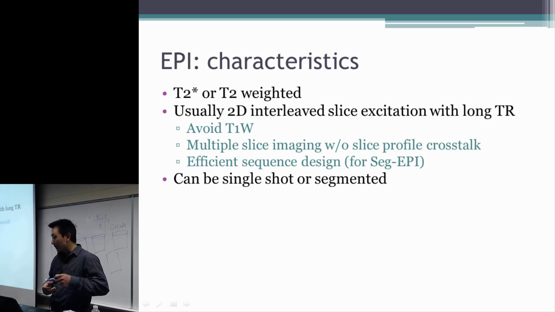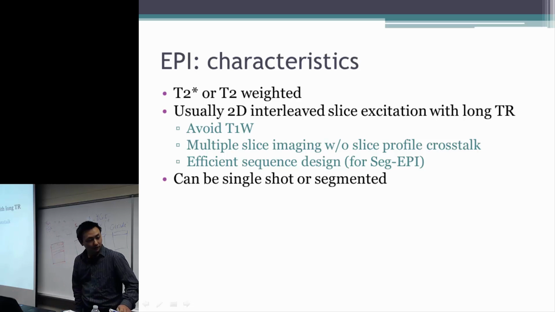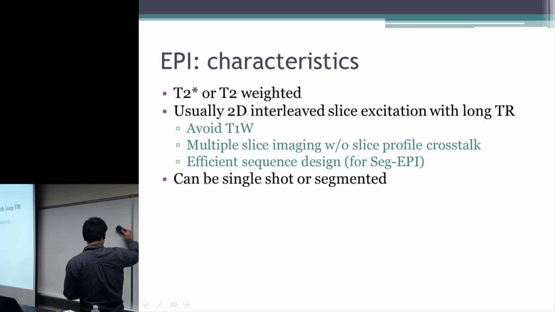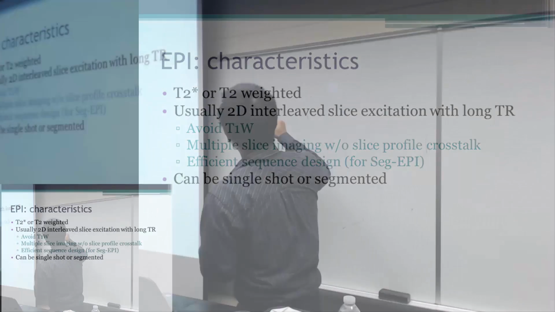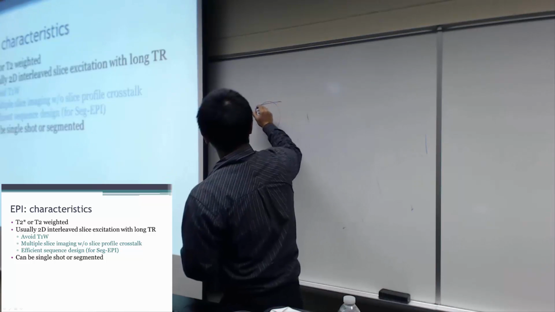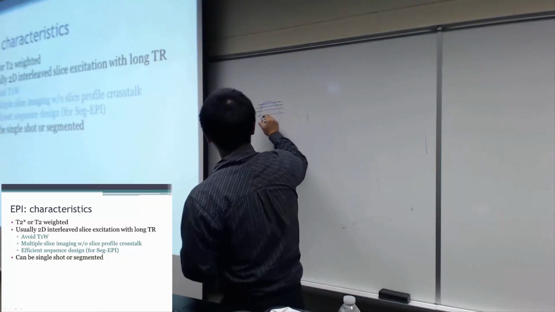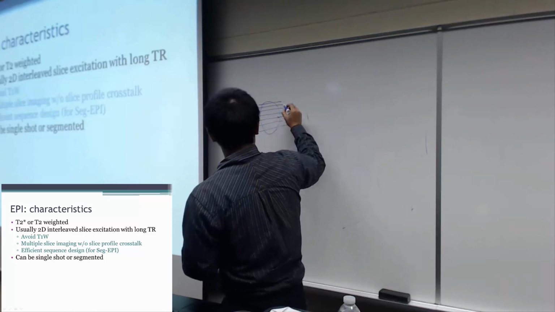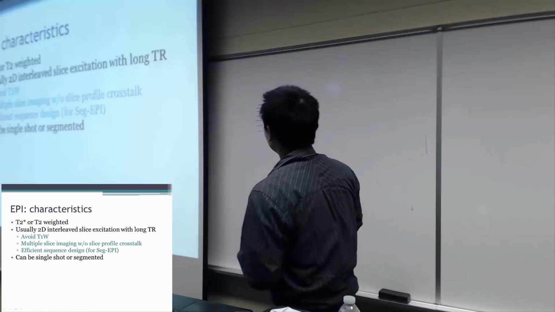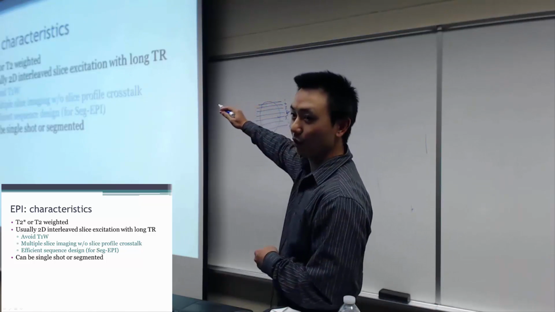So usually when we do this, for example this is the head, and we want to do multiple slices, 1, 2, 3, 4, 5, to cover the whole brain.